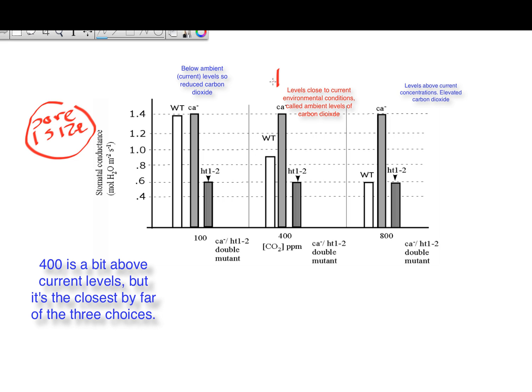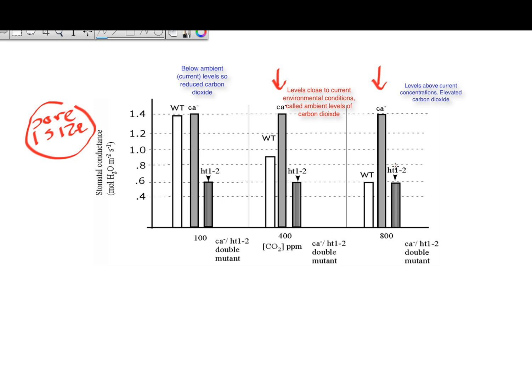This is your standard current concentration of carbon dioxide, and these are elevated concentrations of carbon dioxide. So it looks to me as though the higher the carbon dioxide, the less open the stomata are.